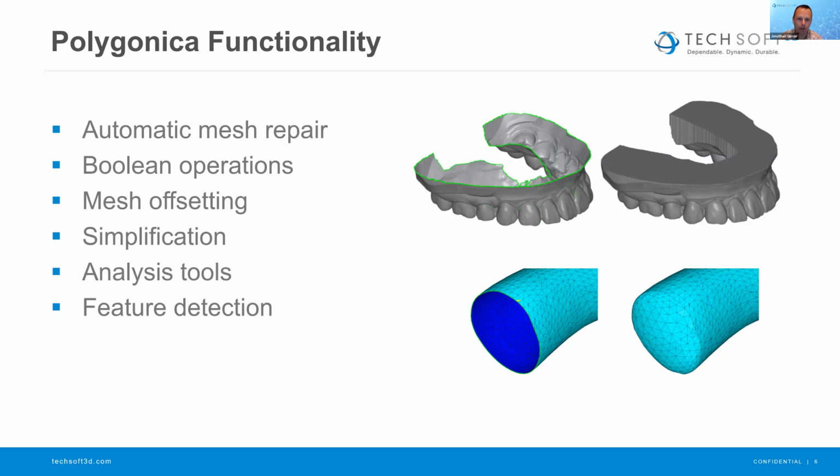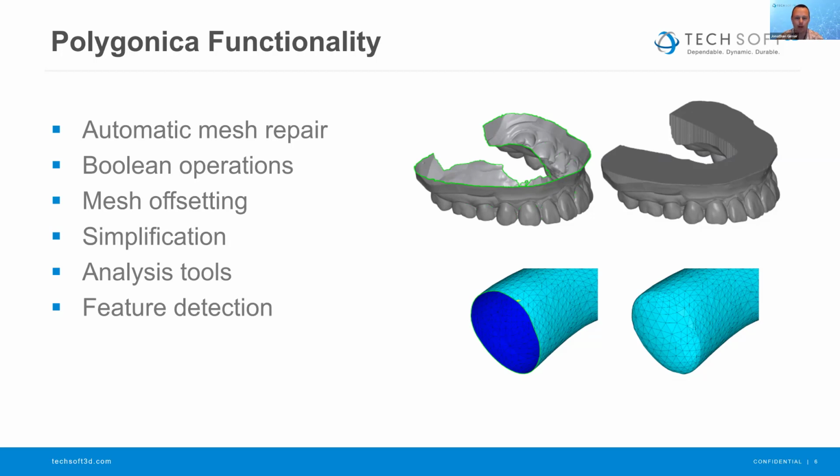Well, that's a Boolean operation. It's a Boolean subtract of a tool from a target. Same thing with Polygonica. Their Boolean operations are exceptionally fast, being able to find intersections, unions, subtractions, using Boolean operations on different parts. And that's important because many times we want to take a collection of solids, Boolean them together, and then print them.